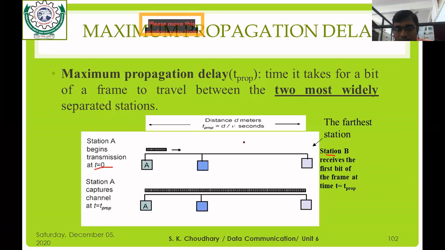The amount of time needed for the first bit of the frame to reach this farthest station is called the propagation delay. At t = t propagation, the first bit of the frame has reached station B, and the distance is d meters. So t propagation is distance divided by the velocity, or speed of the transmission.